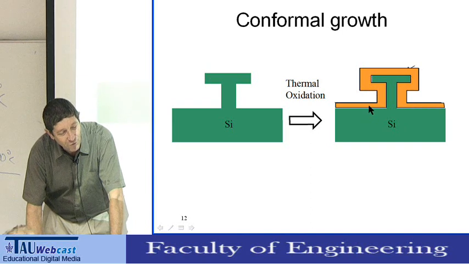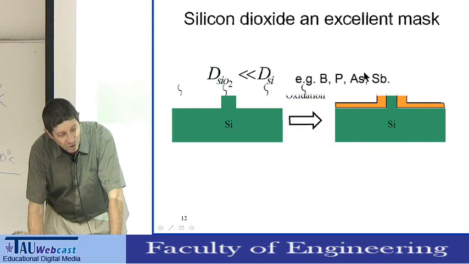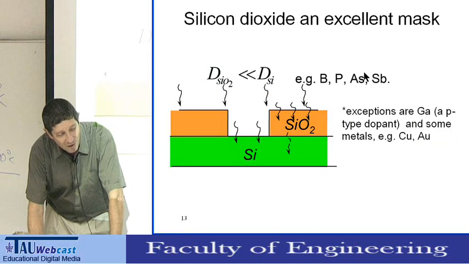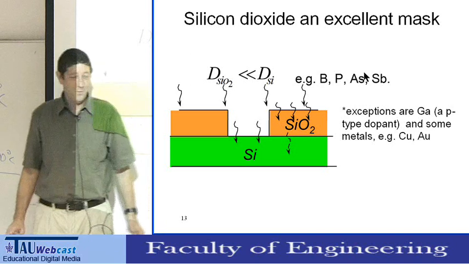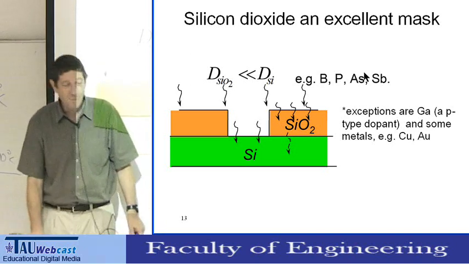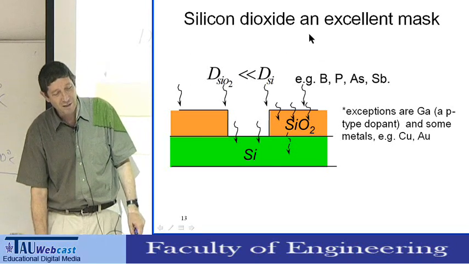On the flat surface, for every volume we generate 2 volumes of oxide. On the sides, it's kind of complicated. Which side do we grow to? In this area, the contribution is from the 2 sides here. So actually, growth on a curved structure is complicated.